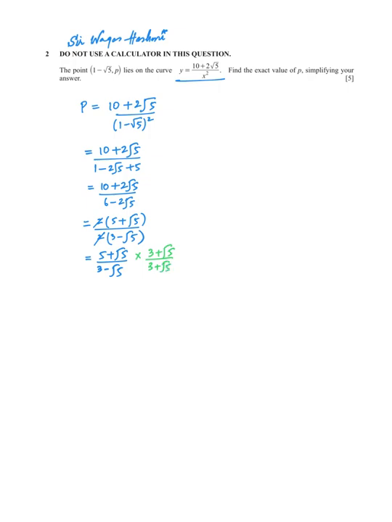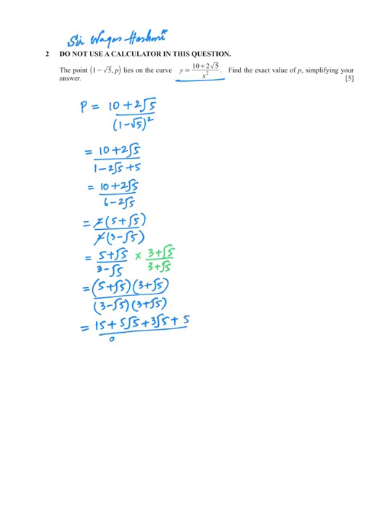Now we need to multiply the numerators. So 5 plus root 5 multiplies with 3 plus root 5, and in the denominator it's 3 minus root 5 times 3 plus root 5. Alright, the numerator will be 5 times 3 is 15, plus 5 root 5, plus 3 root 5, plus root 5 times root 5 is 5.